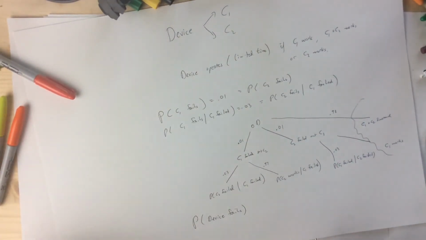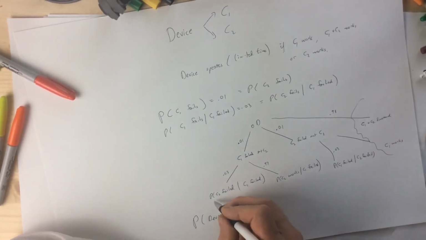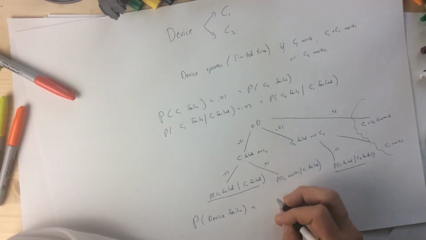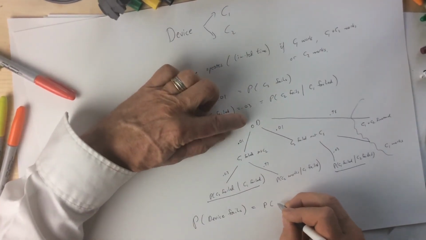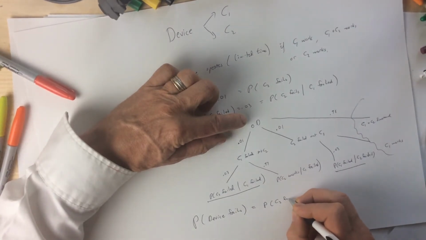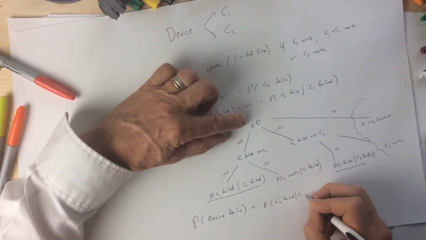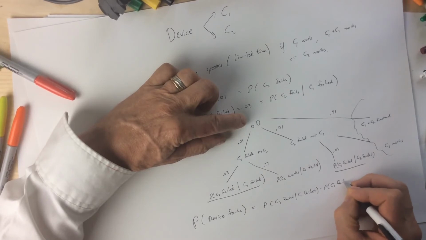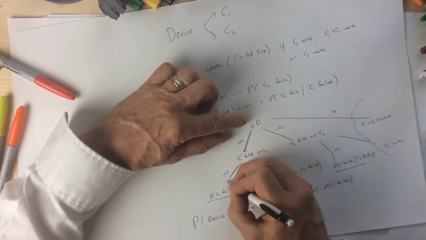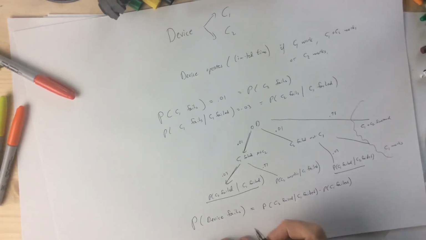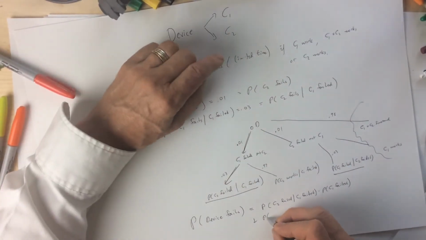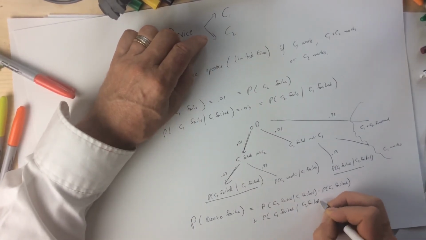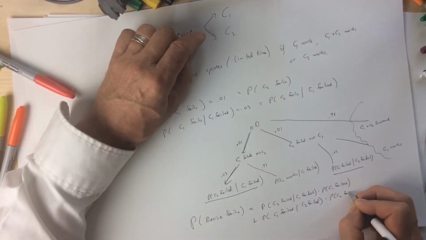Whatever, define this. Well, that means we want to ask, what's the probability of reaching here? And what's the probability of reaching here? Why, that's the following. It is the probability that C2 failed given C1 failed times the probability of C1 failed, because we went down this chain to get here, plus, and now we're going to go down that chain, the probability that C1 failed given C2 failed times the probability that C2 failed.